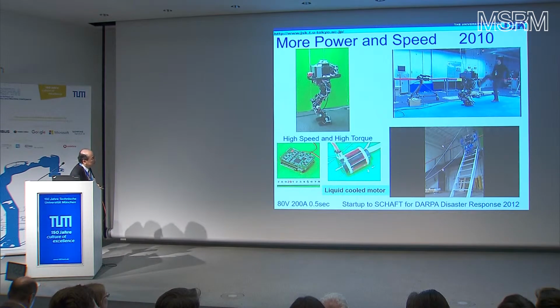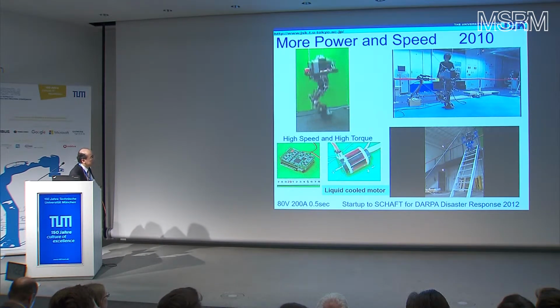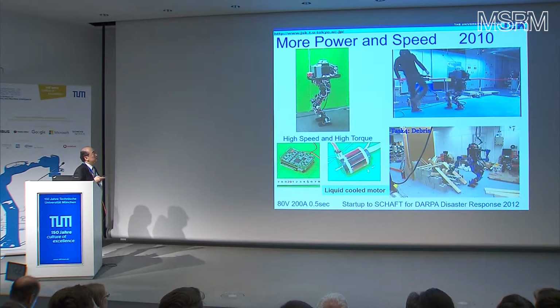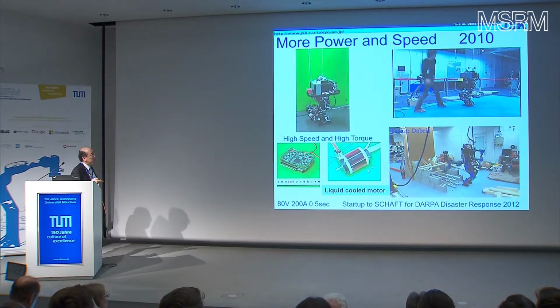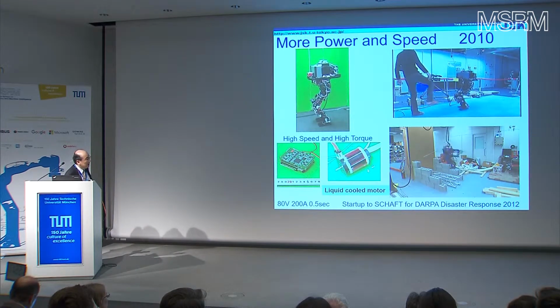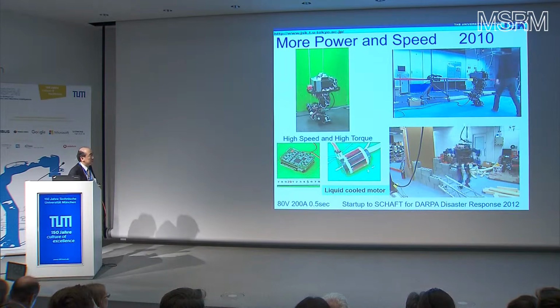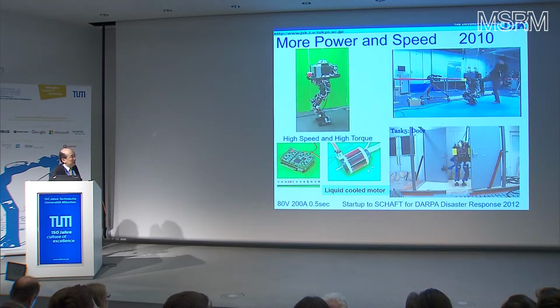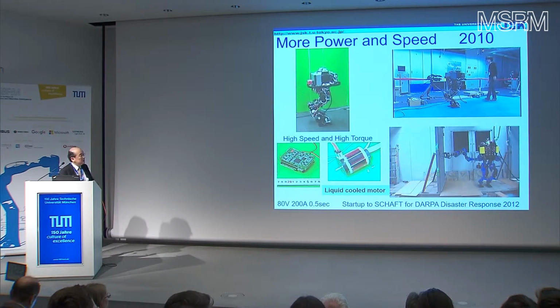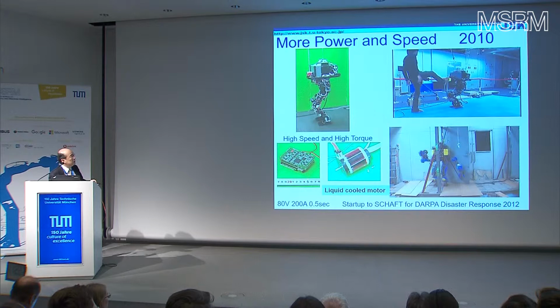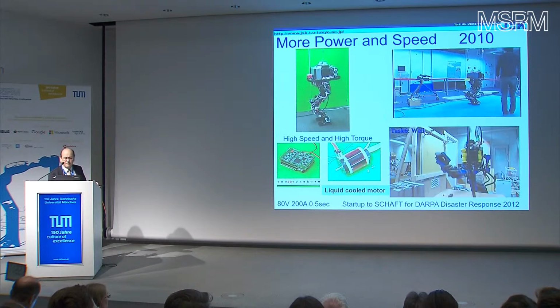And he built a motor driver and a water cooling system. Then the 60 kilogram robot could jump about 30 centimeter and do push recovery, and made Shaft company join the DARPA Robotics Challenge. This is the remote control, but the team showed a very good result as a trial.